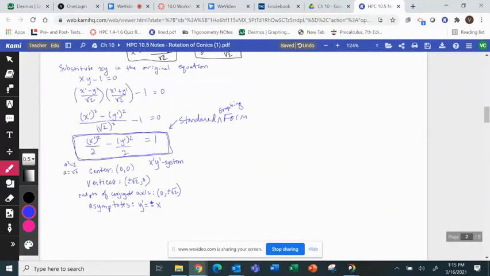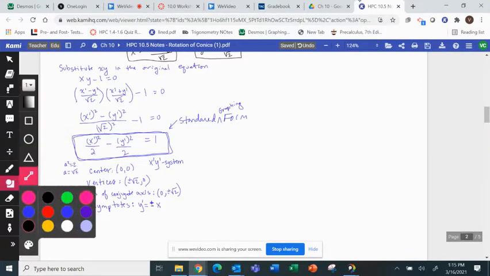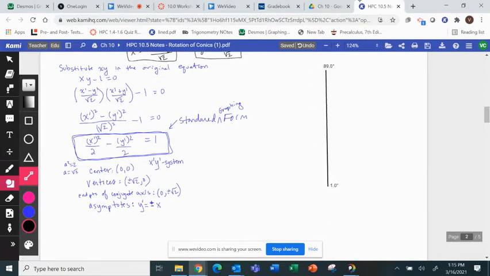So what I'm going to do is I'm going to use color when I do these so you can kind of keep track. I'm going to use black if it is the XY system, and I'll use blue if it's the x prime, y prime system. This rotated how many degrees? Or how many radians? I don't care.